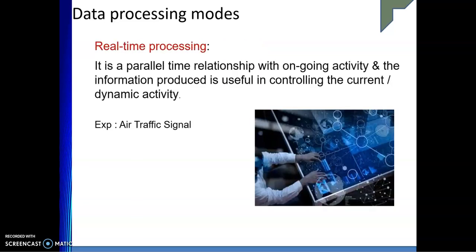Lastly is real-time processing. Okay. In real-time processing, we are talking about parallel events, ongoing activities. I will give a small example here. I have written air traffic signal here, and another example is the bottling plant. The bottle will be coming, and the amount of cold drink will be poured into it, and then the bottle will move out, and then one machine will come and create the cover of that particular bottle itself.